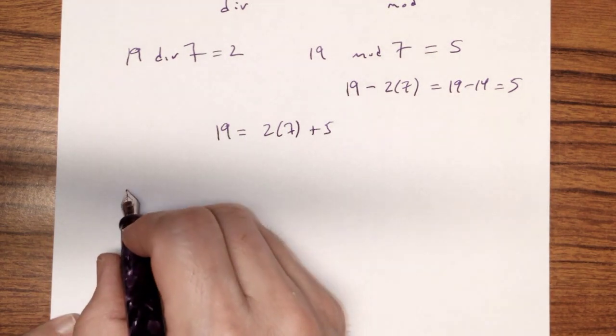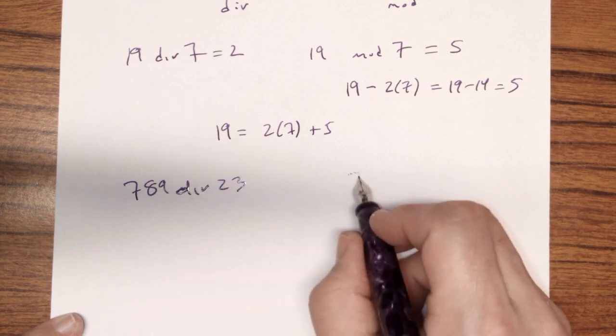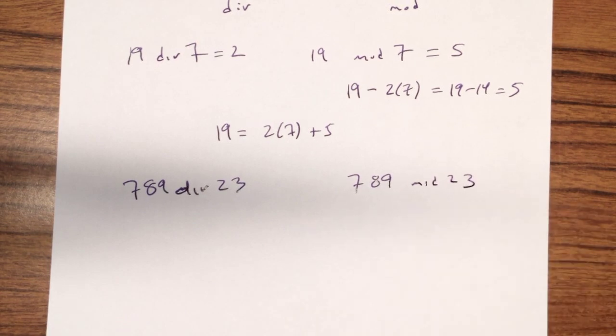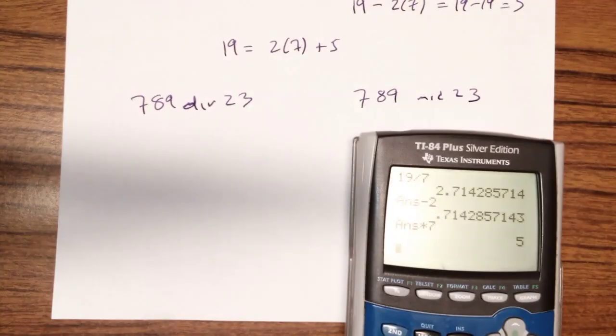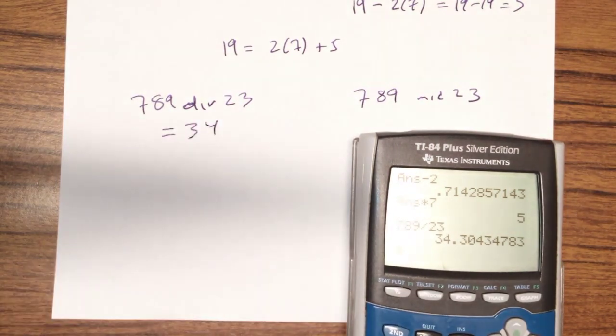Here's another one. 789 div 23, 789 mod 23. Out comes the calculator again. 789 divided by 23, 34 and change. So this is 34. To do the mod, again, 2 options. I can say, take away the integer part, leave the fractional part, multiply back by 23.